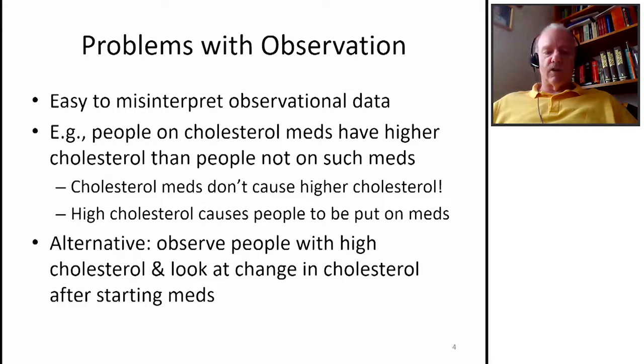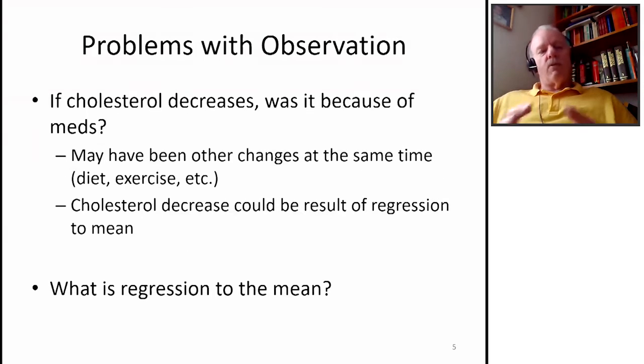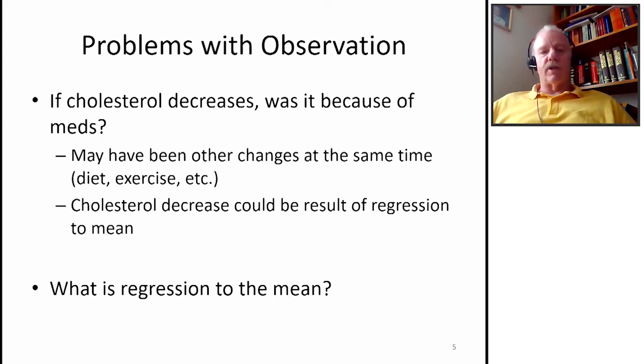So you could say, well, let's look at a different way to do it. Let's look at people who have high cholesterol and see what kind of change in cholesterol you see after they started their medications. But suppose that their cholesterol does decrease once they start medications. Can you conclude that it was because of medications?